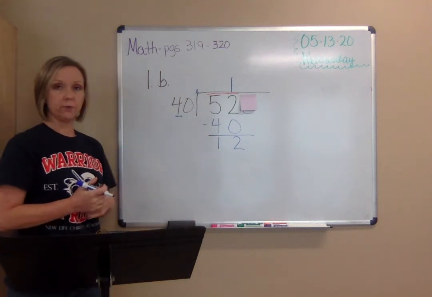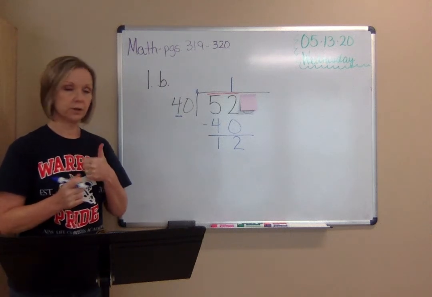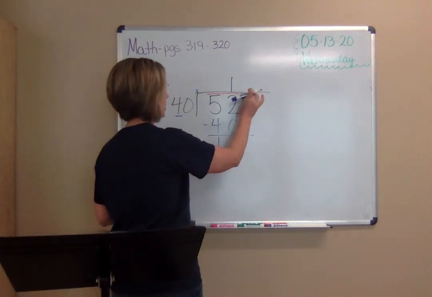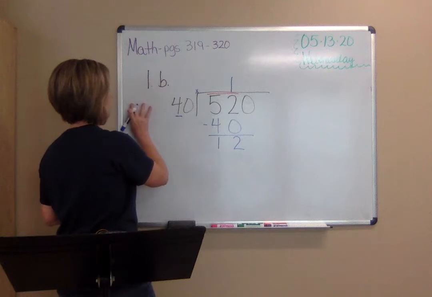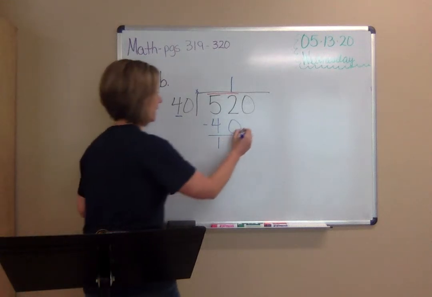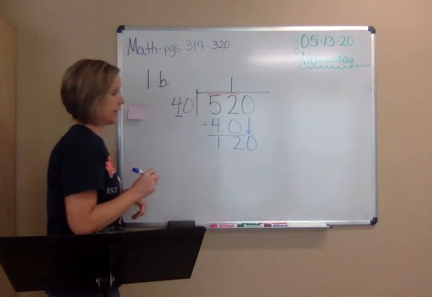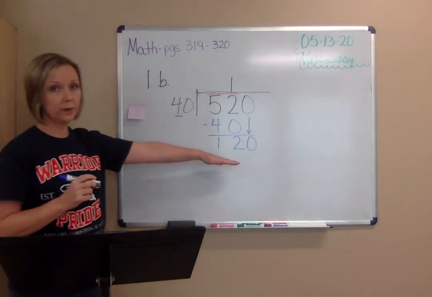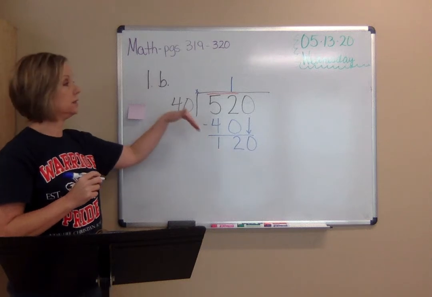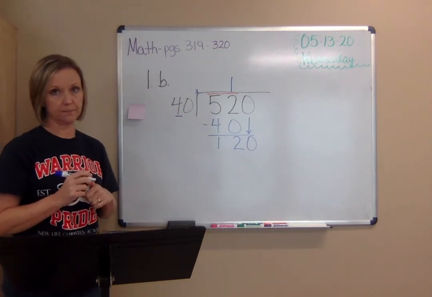12 is smaller than 40, so we're good. We got close enough. Now our new step number 5 is we bring down in our steps of division. This is 0. So now we have 120 divided by 40.